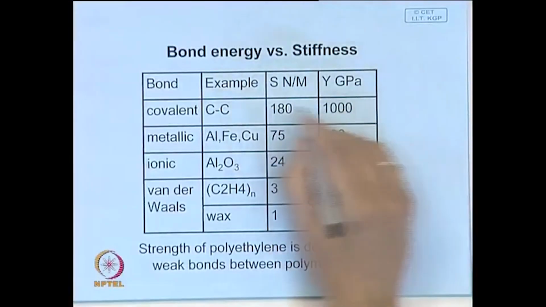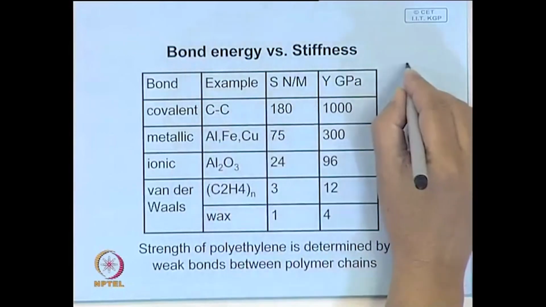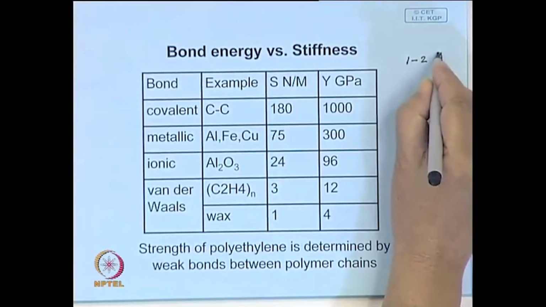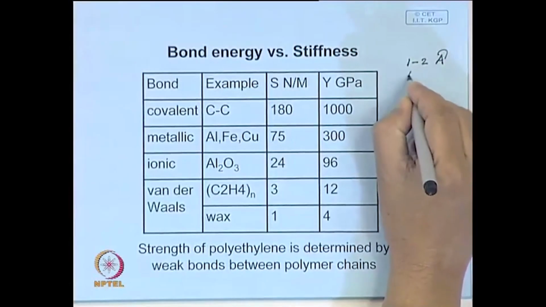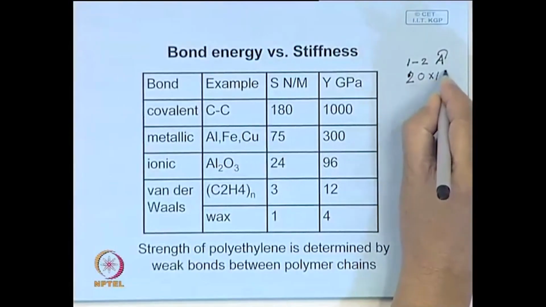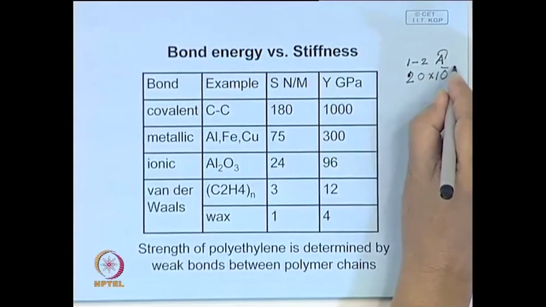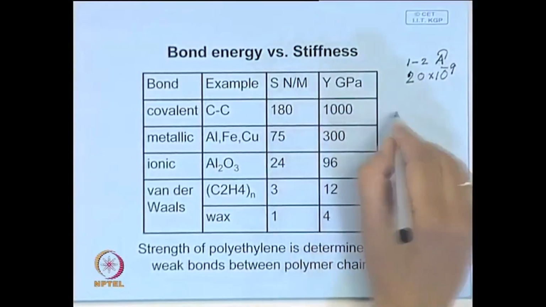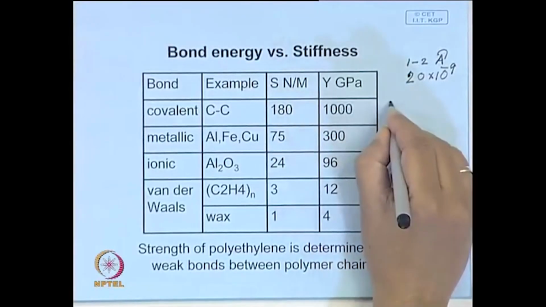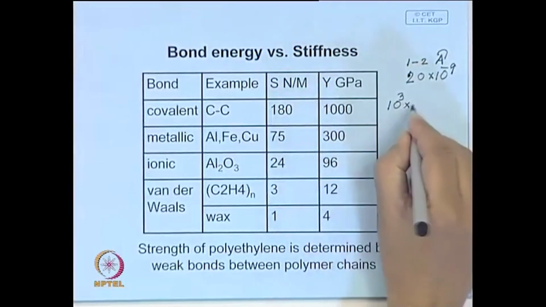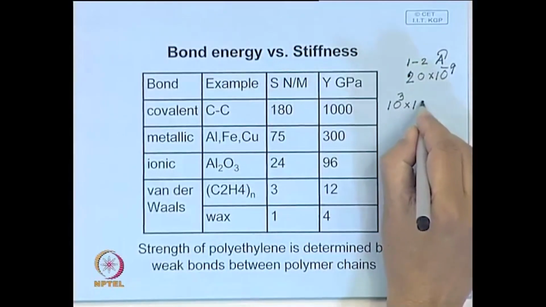So, basically this atomic distance is roughly of the order of 1 to 2 angstrom, it could be 1.5, or let us say that it is 2 angstrom or 0.2 nanometer. So, 10 to the power minus 9. So, if you multiply, this is GPa, that means this is 10 to the power 3 gigapascal, it is 10 to the power 9.